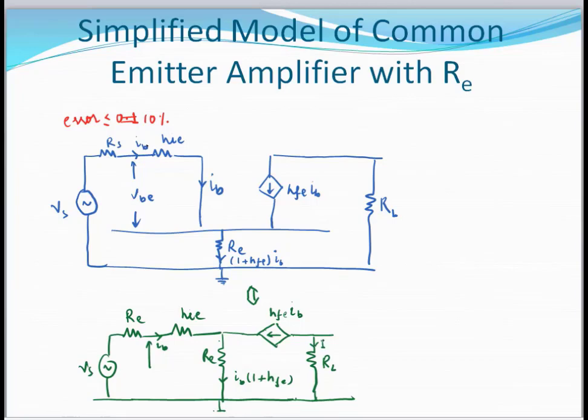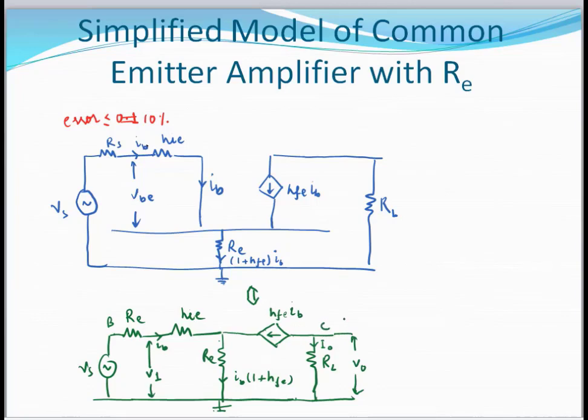I naught is flowing through it, and this is V naught, and consider this as V1, and this point is grounded.